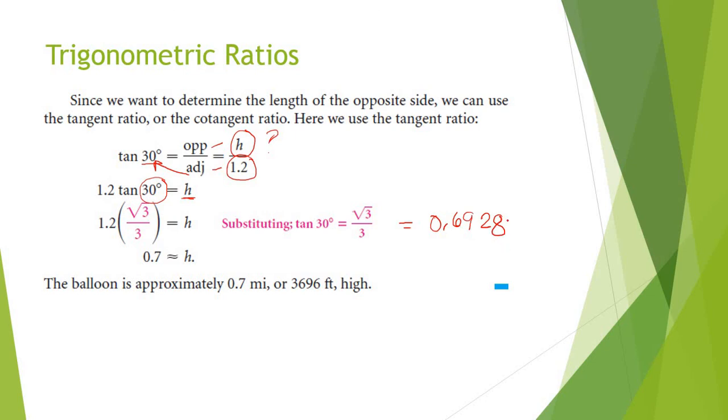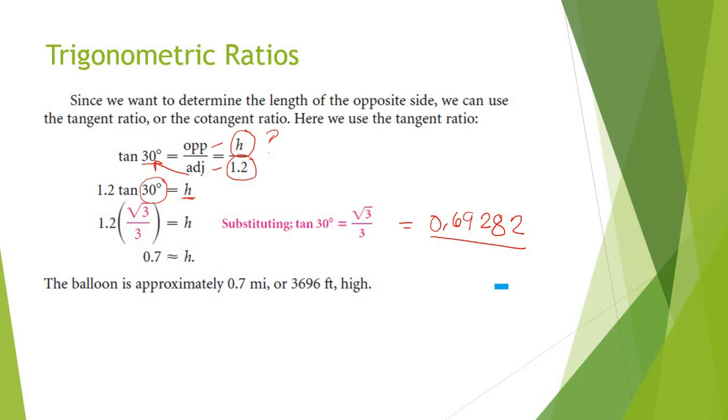That will give you 0.6928, say for example to 4 decimal places. That's the value.